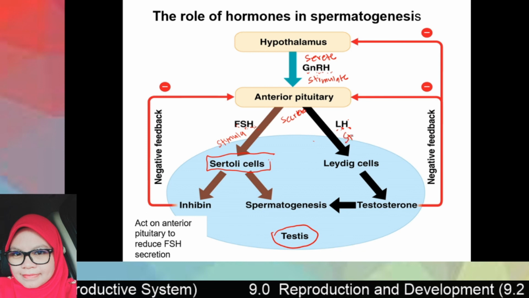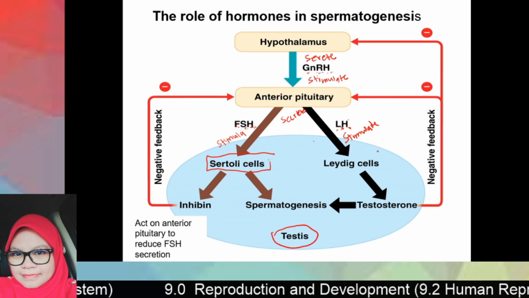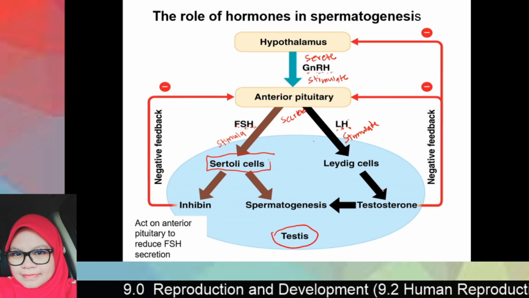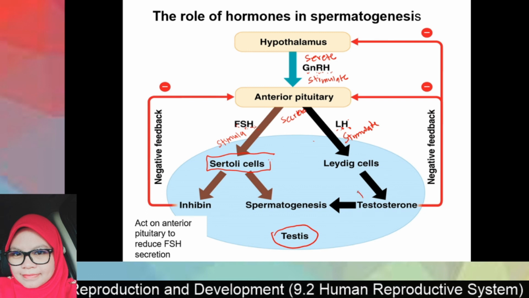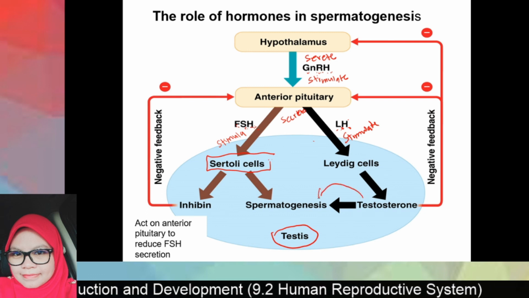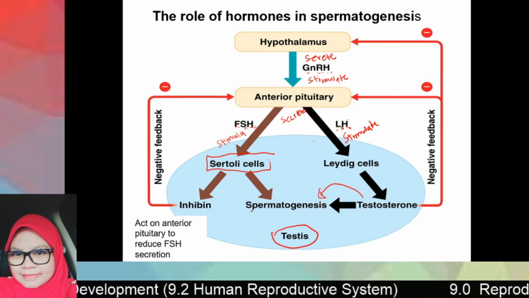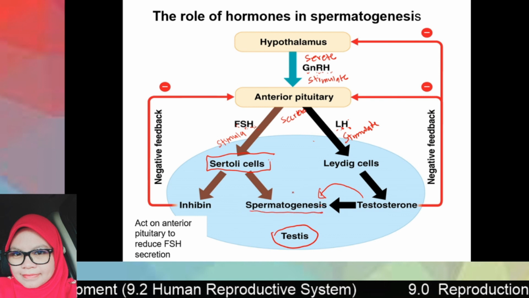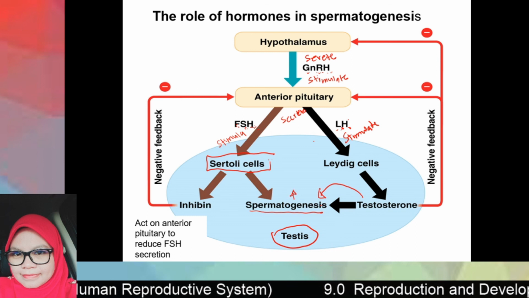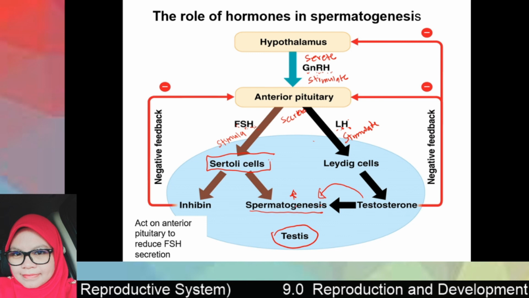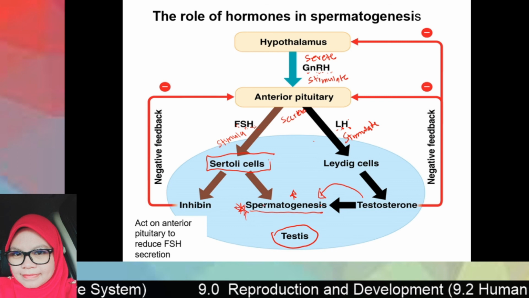LH will stimulate the Leydig cell to secrete testosterone. So testosterone, in a direct way, also will promote spermatogenesis. So the spermatogenesis rate will increase. But then, they have a negative feedback mechanism to control spermatogenesis.